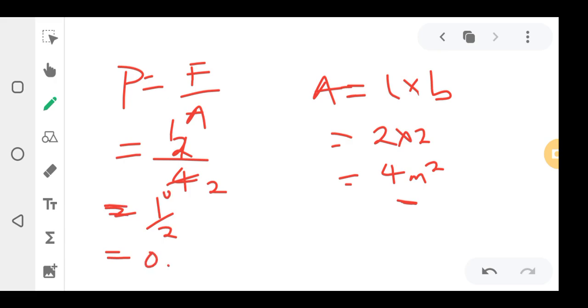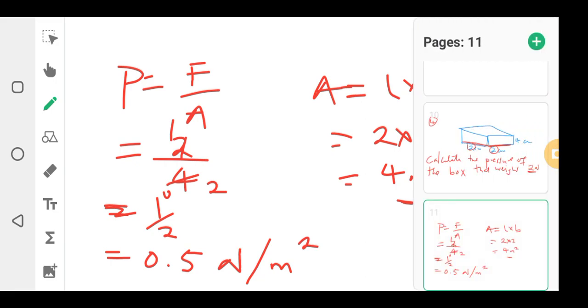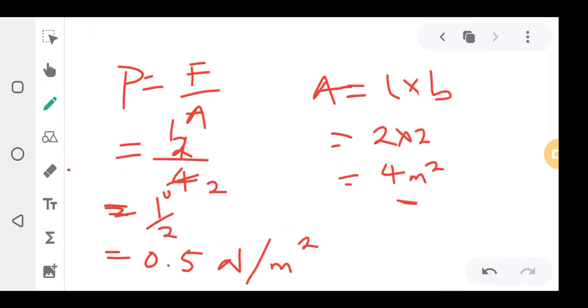You add 0 there. 2 into 10, 5. 0.5 newton per cubic meters. Oh, these are centimeters, not meters. Okay, made a mistake. Centimeter squared. They're the ones that are in the question.